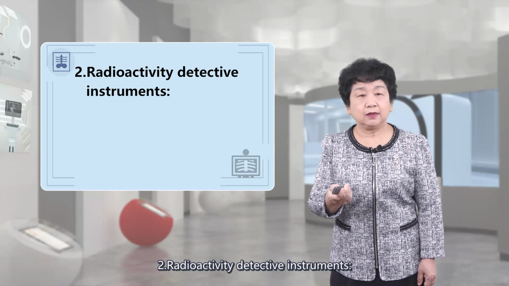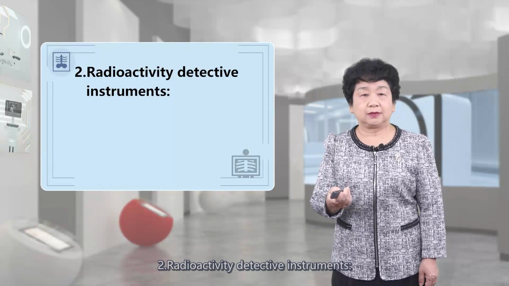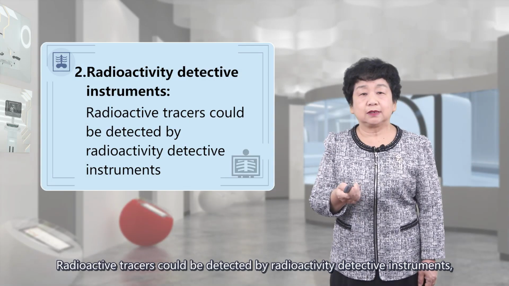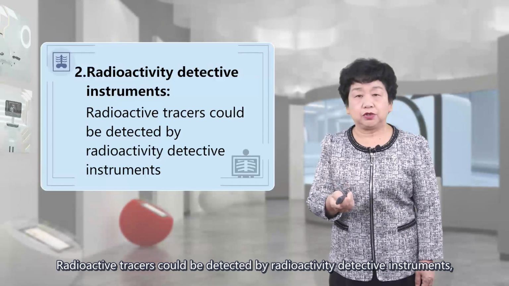Second important thing is radioactivity detective instruments. Radioactive tracers could be detected by a radioactivity detective instrument.